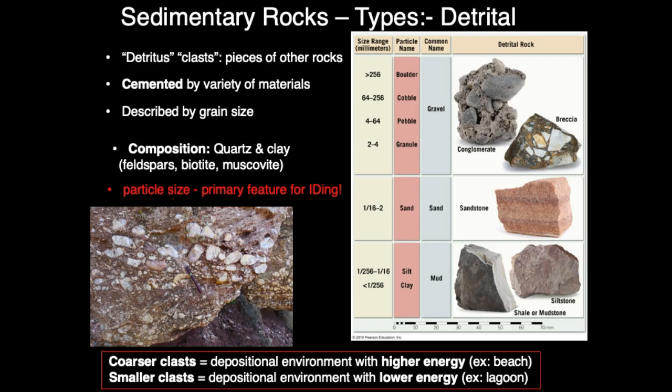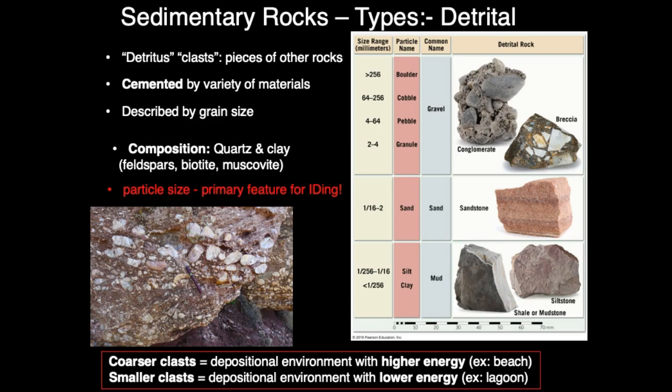And these feldspars and micas get weathered relatively easily, so their presence in sedimentary rocks indicates that their erosion and deposition occurred fast enough to preserve some of the primary material from the source rock before it got decomposed. So these pieces from other rocks that make up the detrital sedimentary rocks are referred to as detritus, the single pieces.